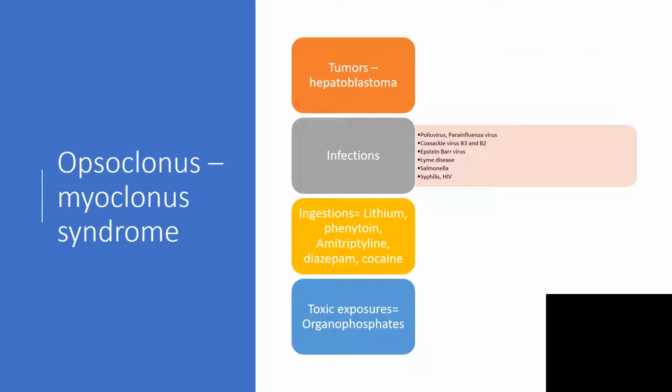There's opsoclonus myoclonus syndrome. In that case, it could be as a result of tumors like hepatoblastoma or infections. Infections like poliovirus, parainfluenza virus, Coxsackie B3 and B2, Epstein-Barr virus, Lyme disease, Salmonella, syphilis, or HIV.